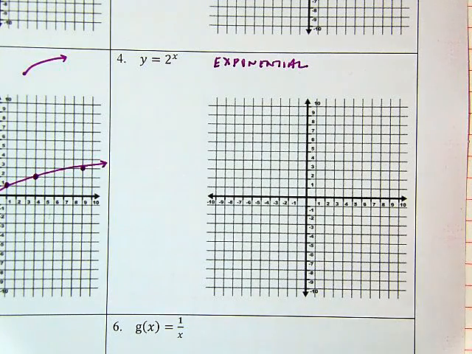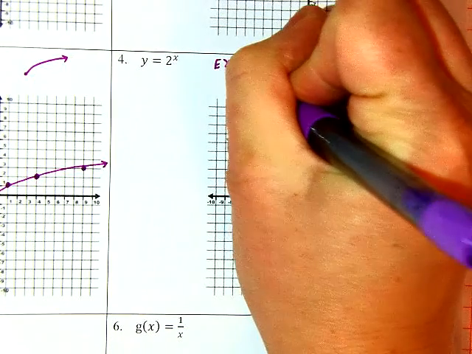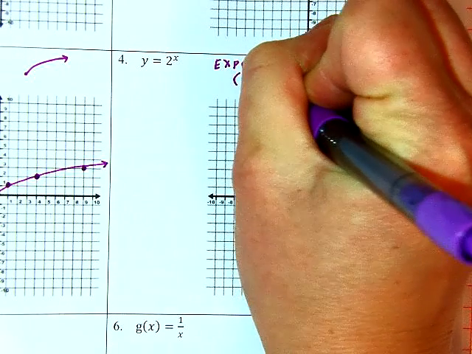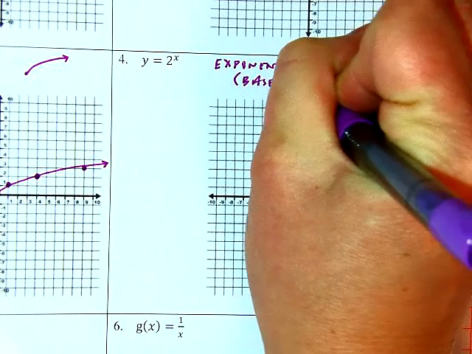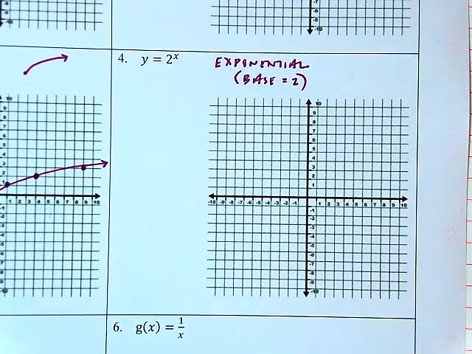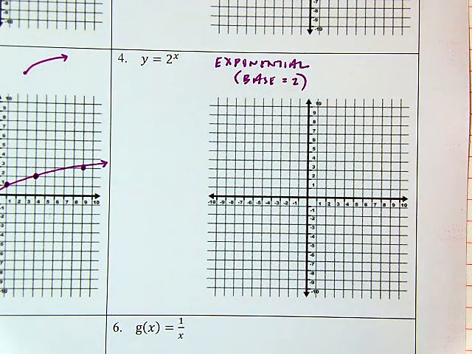I'm using a base value of 2. Your base value could be 3, it could be 4, it could be 10, right? It could be anything. Okay, when I'm using anything that's more than 1, I'm looking at a growth example.